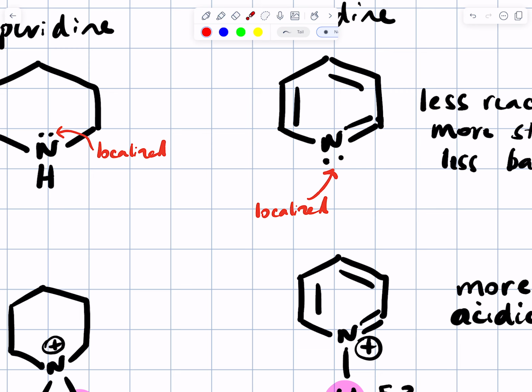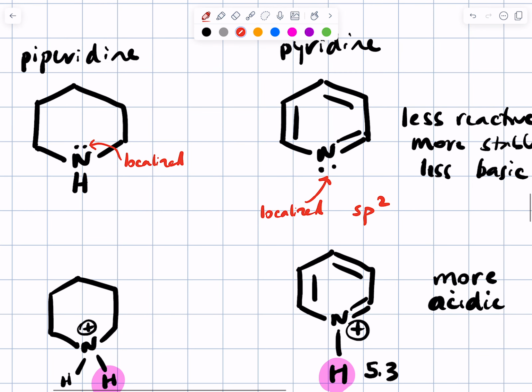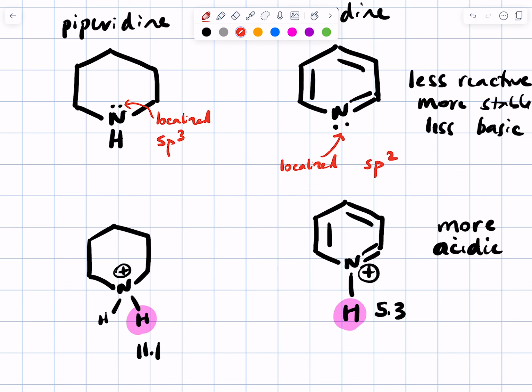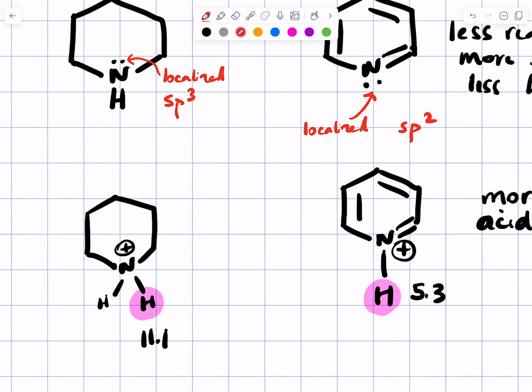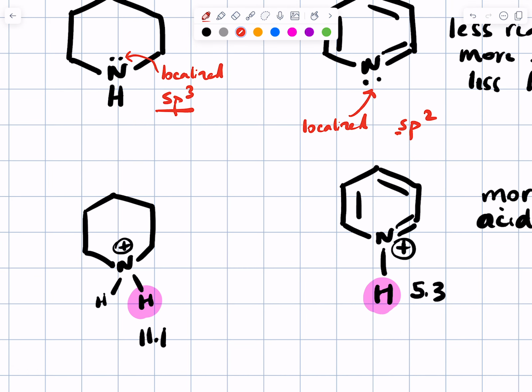It's in an sp2 type orbital, orthogonal to the pi system, not stabilized by resonance. In contrast, the lone pair in piperidine is in an sp3 orbital. Both are localized, the only difference is hybridization. And so the hybridization is what makes a difference there.